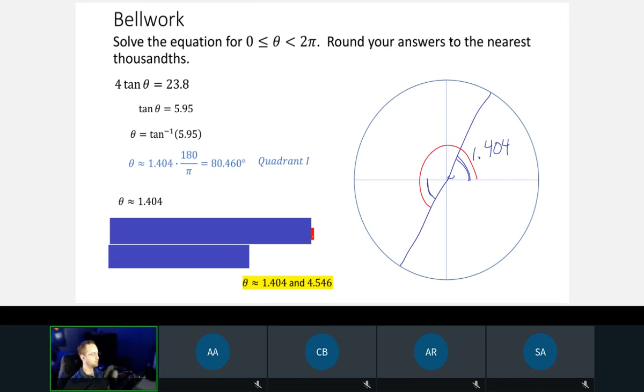All right, so there's the first answer, and then there's the other one. You take your pi and you add 1.404, and that's how we get 4.546. That's the other answer.